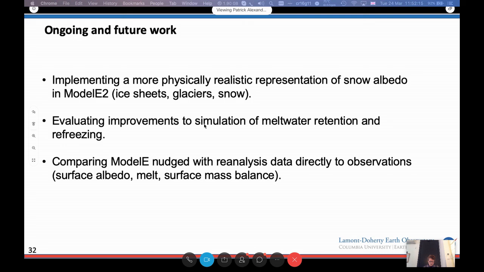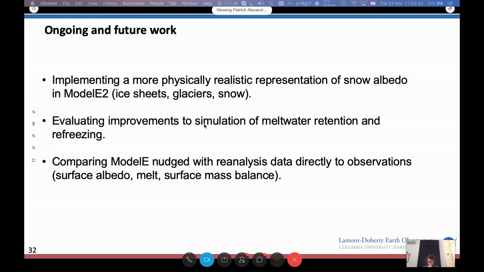There've also been some improvements to the snow model over the ice sheet done by Elizabeth Fisher, and so one thing we can start looking into there is liquid meltwater retention and refreezing in the GCM. And then, of course, we can run nudged simulations with the Model E GCM.